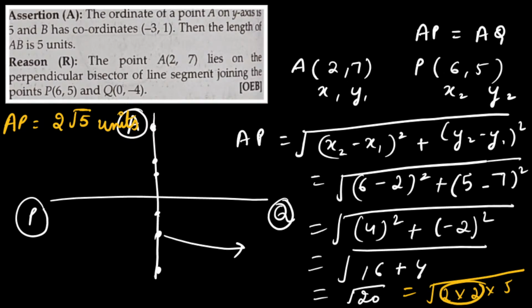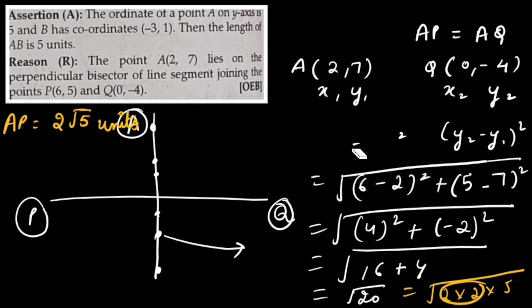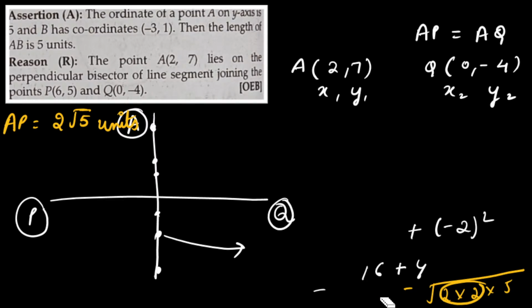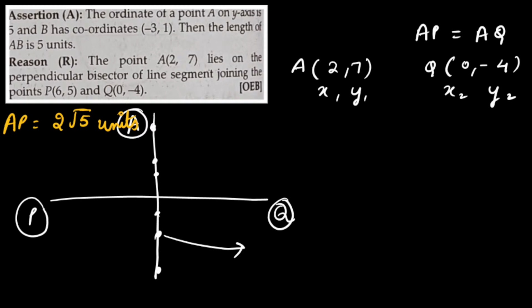Let us find now AQ. For finding AQ, we'll be using the coordinates of point A and point Q. The coordinates of point Q are (0, minus 4). We'll be using the distance formula for this as well, and we'll find the length AQ.